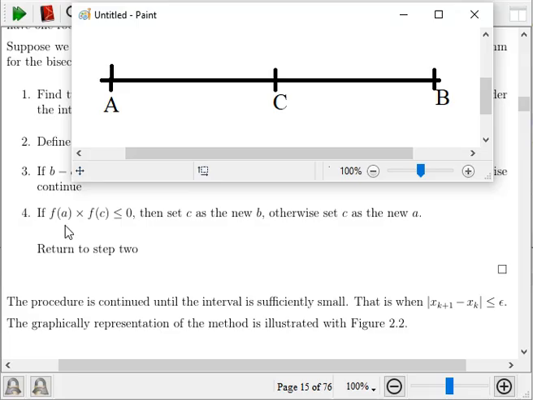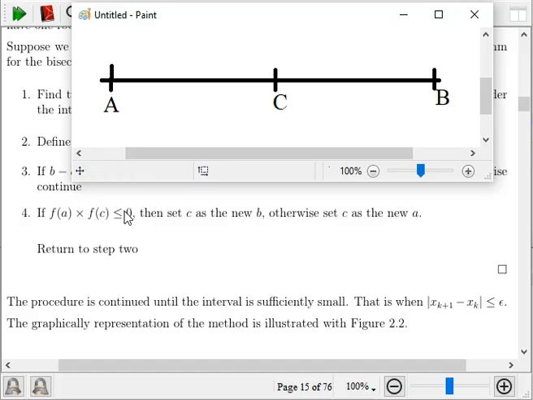If the functional value of A and C is less than 0, then the root lies within this interval. It lies here. So we set C, the midpoint, as our new B, and this becomes the new interval AB.